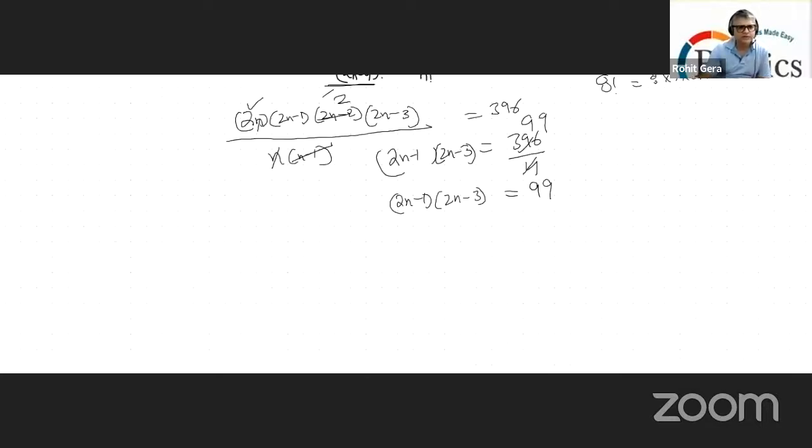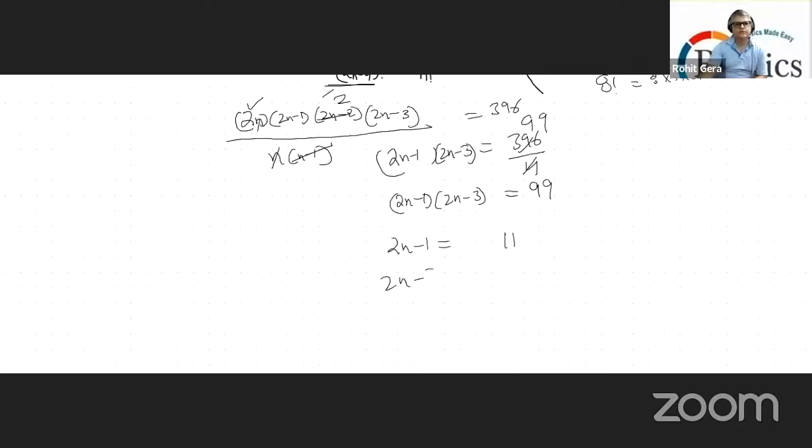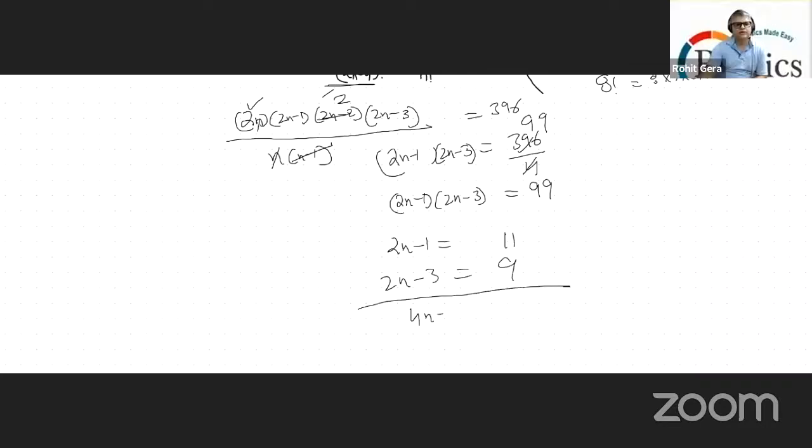You can think, what is it? 2n minus 1 is 11 and 2n minus 3 is 9. So 2n minus 1 is 11, which gives 4n minus 4 is equal to 20. 4n is equal to 24. n is equal to 6.